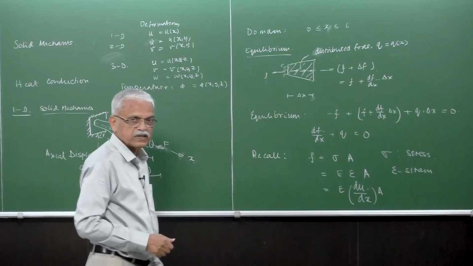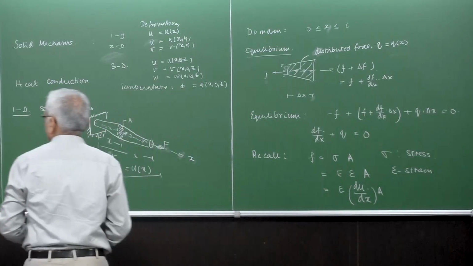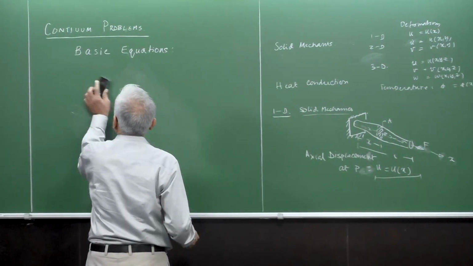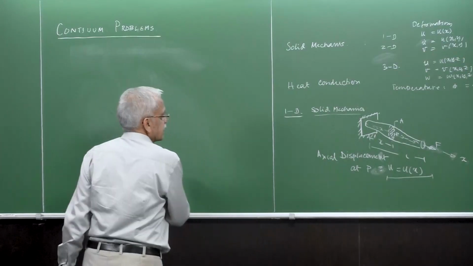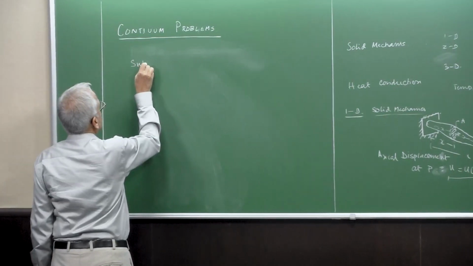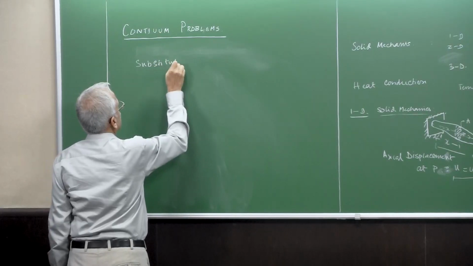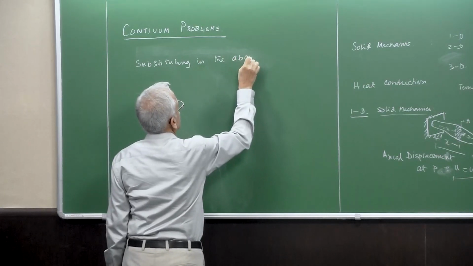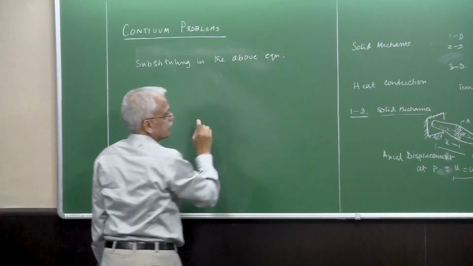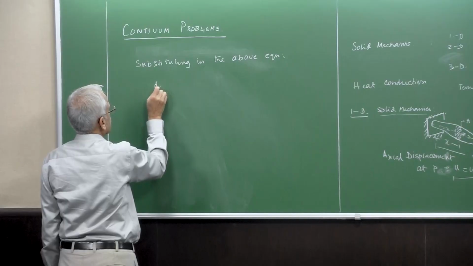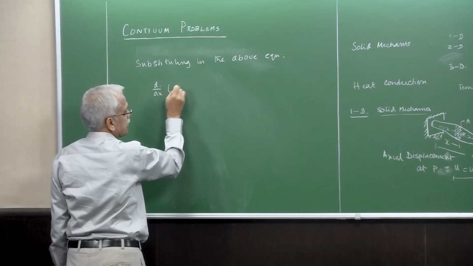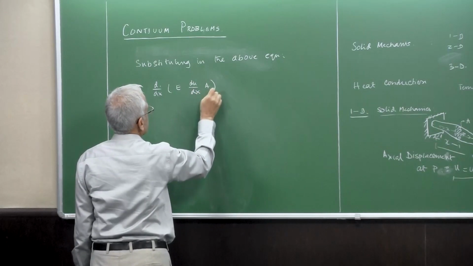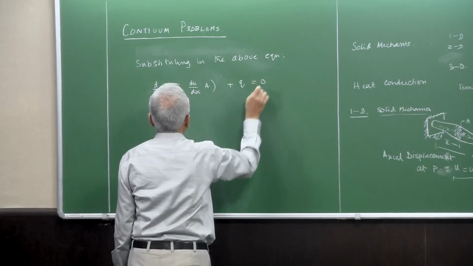And then if you substitute that in the equilibrium equation above, what we get is dF by dx, so that means d/dx of E du by dx times A, plus Q is equal to 0.